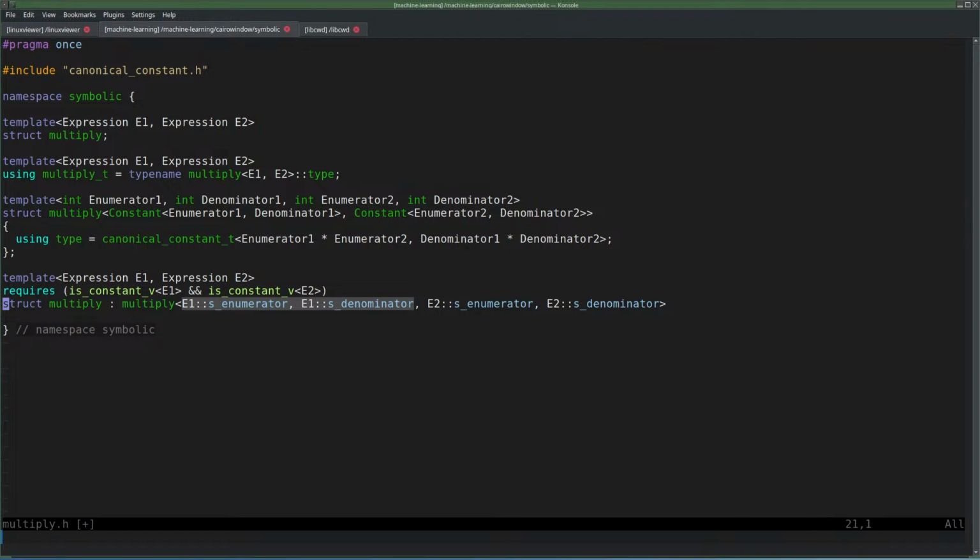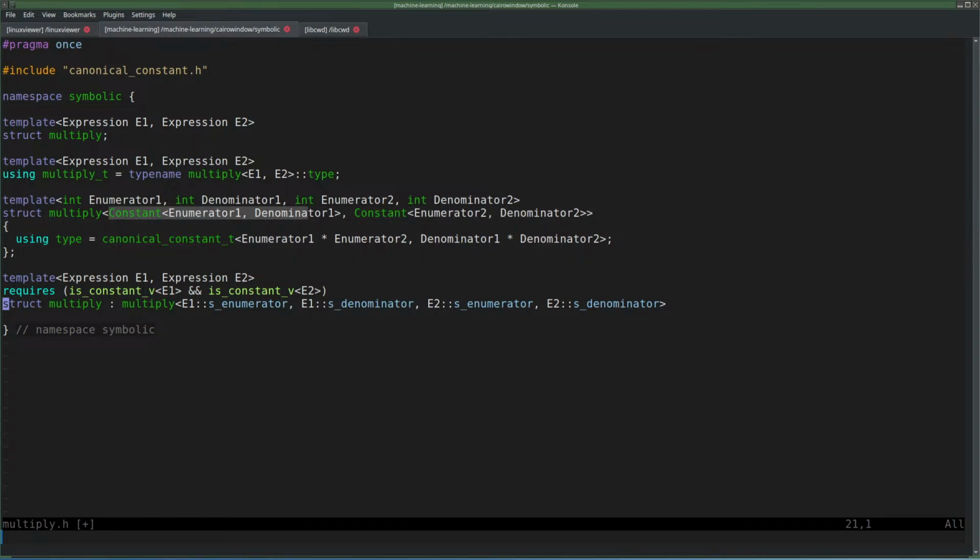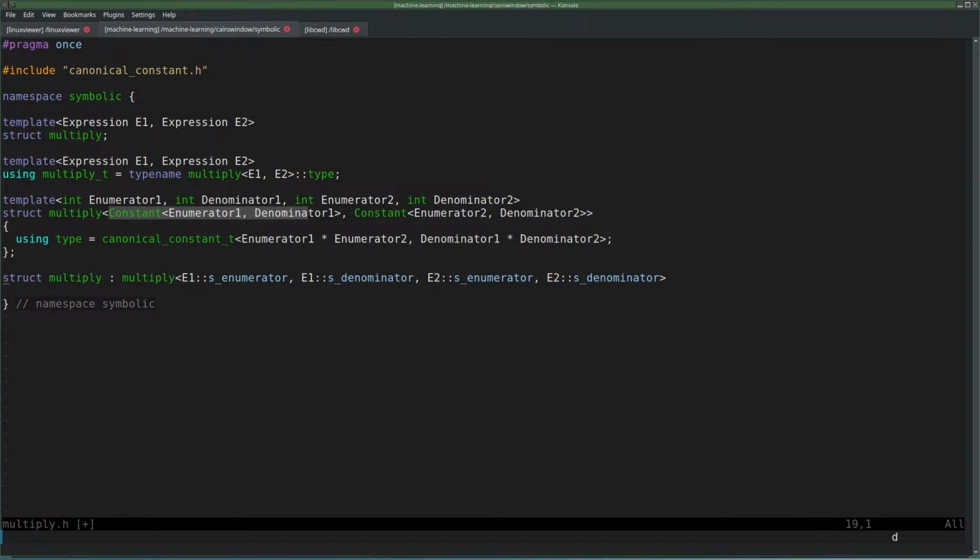Let's see, I'm an idiot. This already works. This is just a local template to find these things. But this is specialization, so it is a constant. Never mind. Just forget what I just said. So if this expression is a constant and that expression is also a constant, then it will use this one because constant.